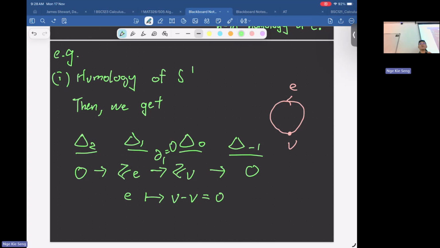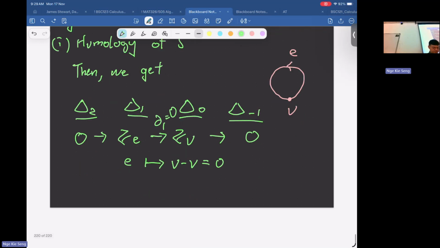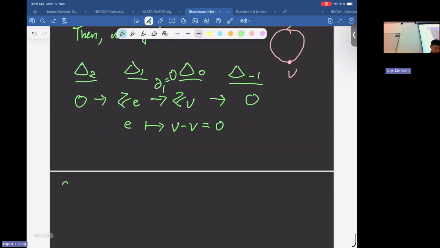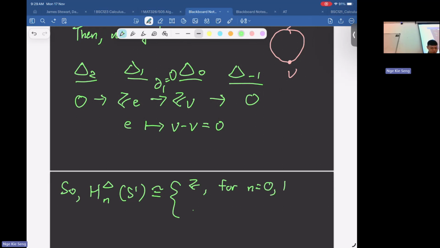Just now we talked about what if a chain complex is all 0 maps. So we can compute this homology. Let's denote this homology as H delta coming from this. There's really only Z for n equals 0 and 1, and then 0 for the rest.